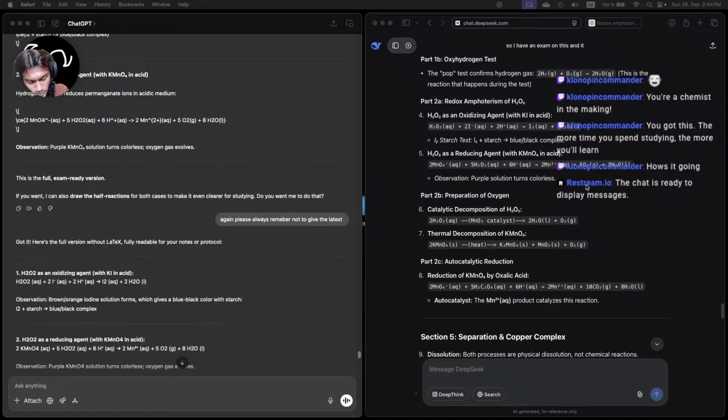There are two ways: catalytic decomposition of peroxide and thermal decomposition of peroxide.